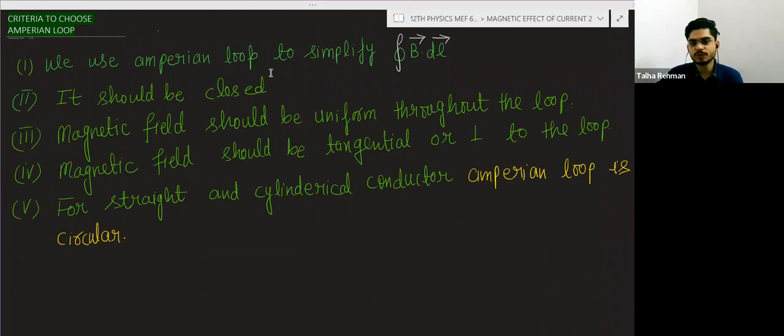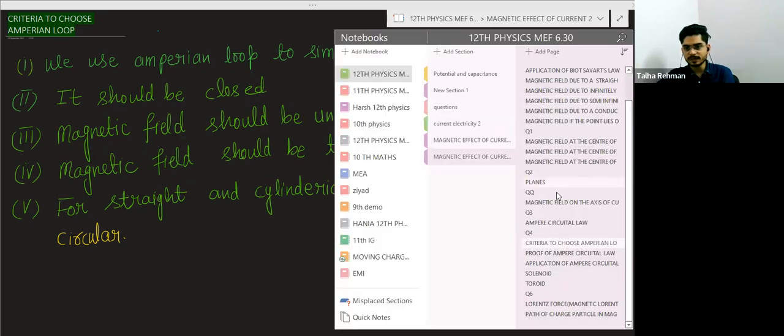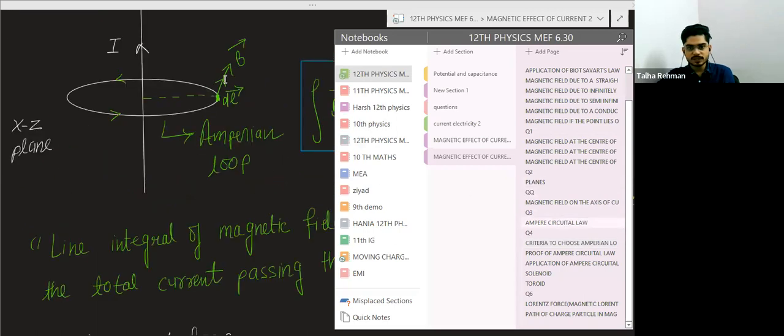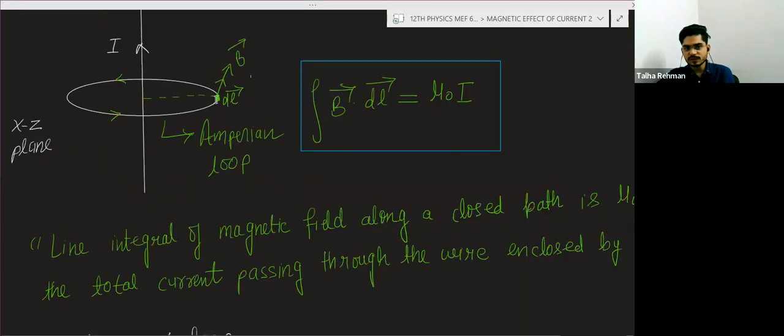To simplify, we use Amperian loop, and the Amperian loop should be closed like circle, like square, like rectangle. Magnetic field should be uniform throughout the loop. When you are choosing a loop, make sure that the magnetic field is uniform throughout the loop, and the magnetic field should be tangential or perpendicular to the loop. So you can see this thing here. This magnetic field is tangential to the loop.